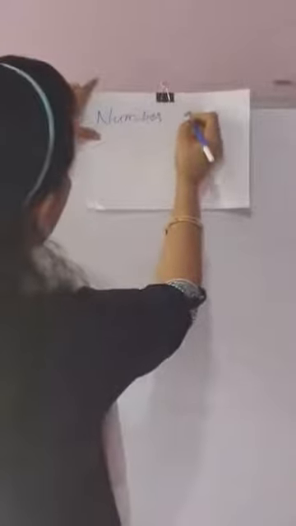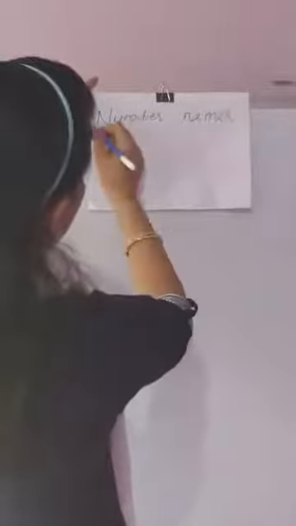The next concept will explain the number names, which you are learning since class 1, I think. But here number names are a little bit different because now we are learning about 9-digit numbers.